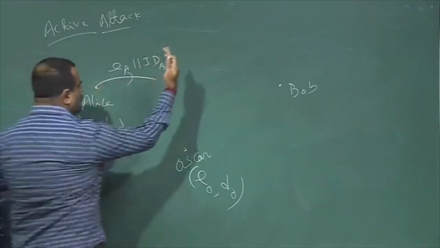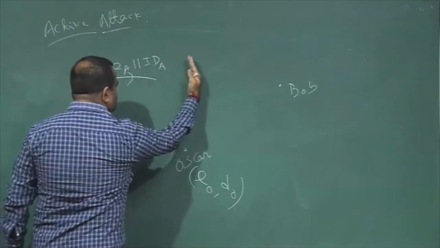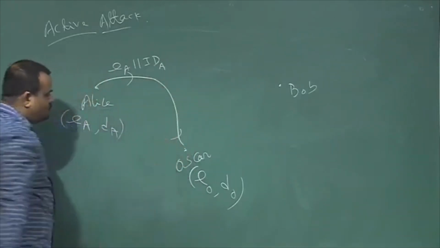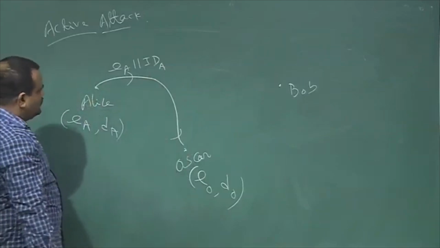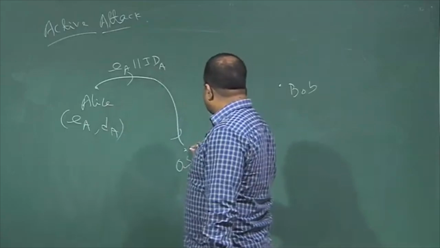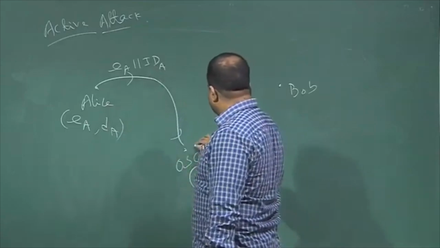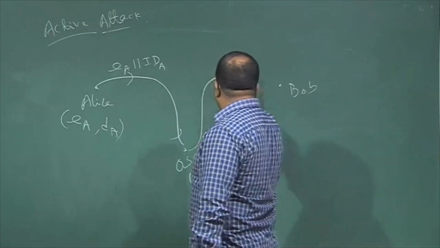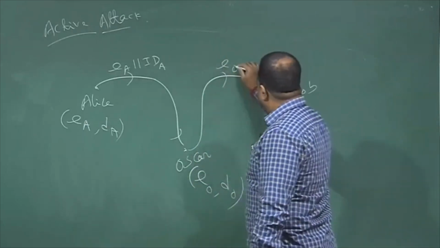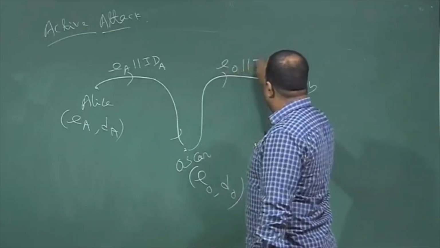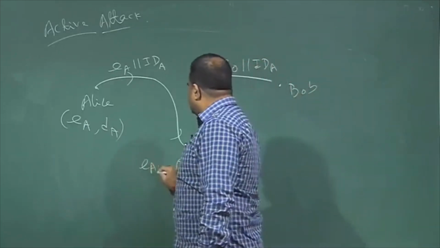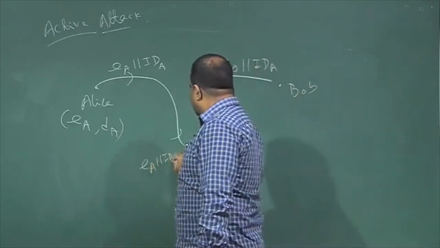Now Oscar has control of this channel. Oscar will just stop this communication, and Oscar will take this value to himself. Now Oscar is just sending to Bob Oscar public key and Alice ID, because Oscar has received Alice public key and Alice ID.